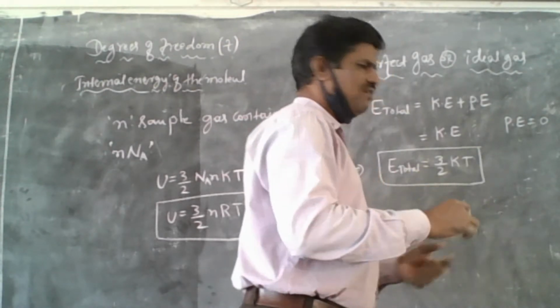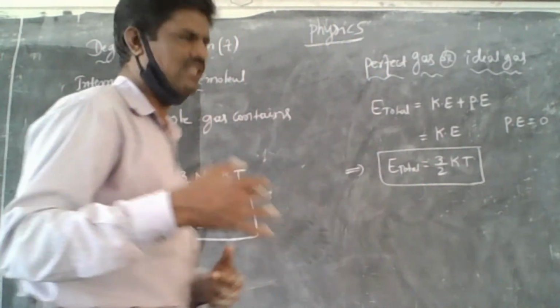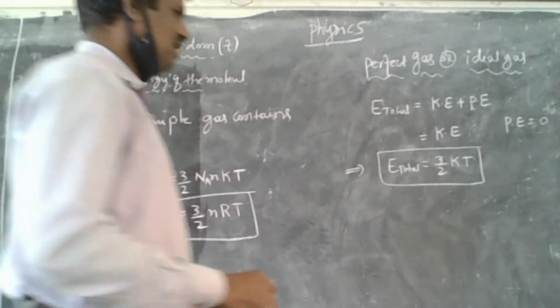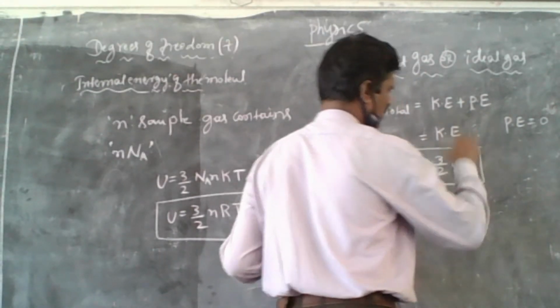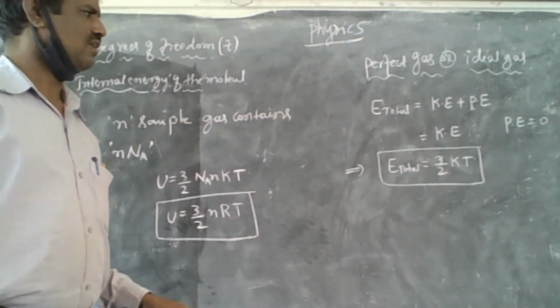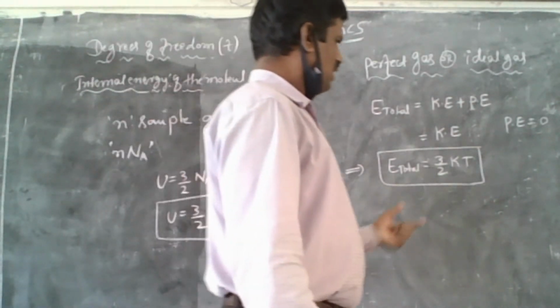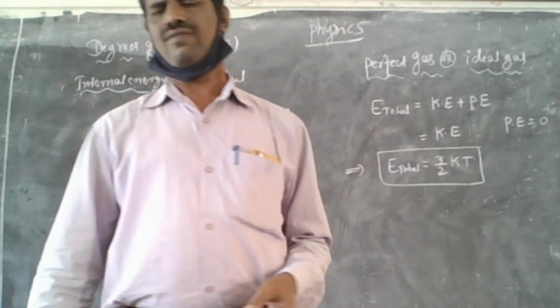In the next chapter we will derive how 3 by 2 kT comes, using Maxwell's equations. Don't worry about that, I will tell you in detail.